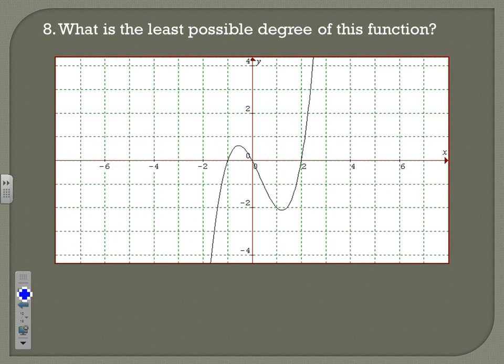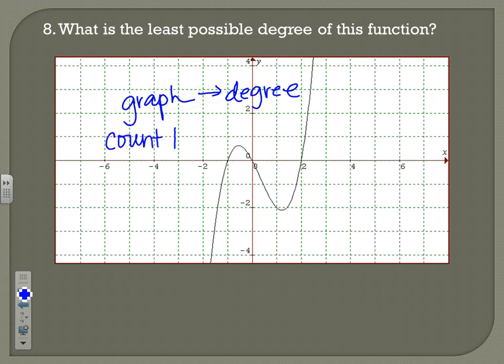So if you're looking at this one, number 8, what is the least possible degree? Now we're given a graph. So remember, when we have the graph, if we want to go from the graph to the degree, we just need to count the turns. And then after we count the turns, we need to add 1 to it. Okay? So my turns on this graph, it's going along right here.